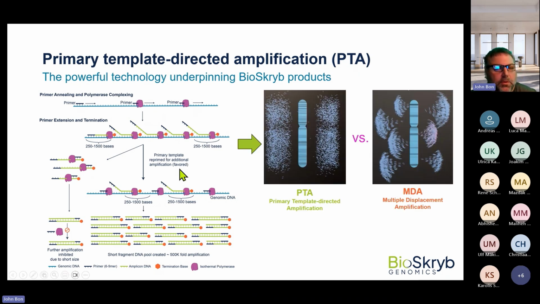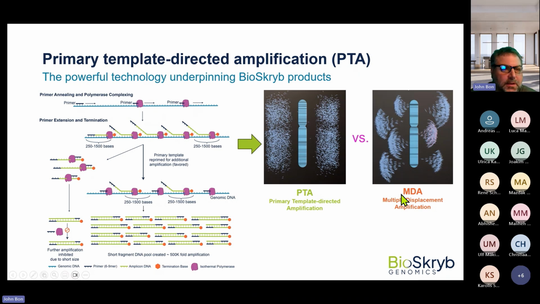What I show here on the right side of the screen is an example of human chromosome 1 from PTA, primary template directed amplification, and MDA, our closest competitor that you may or may not be familiar with, which is another whole genome amplification method. With PTA, we get good even coverage across the whole genome and both alleles amplified. We typically get 95% or greater of whole genomes covered from single cells.